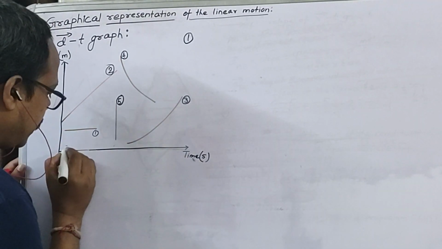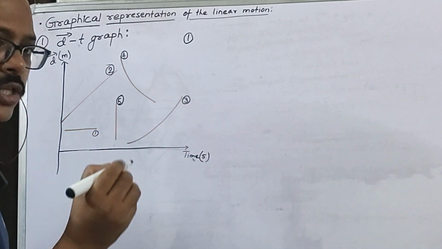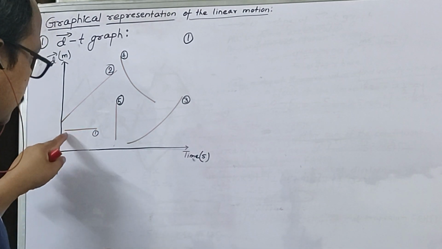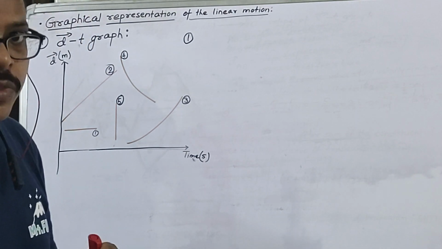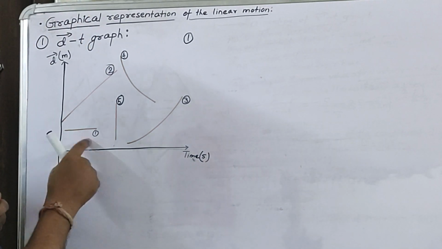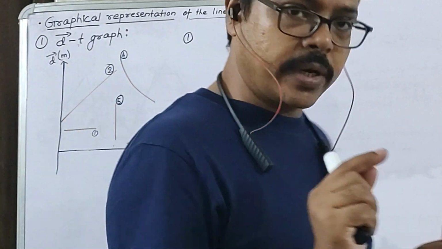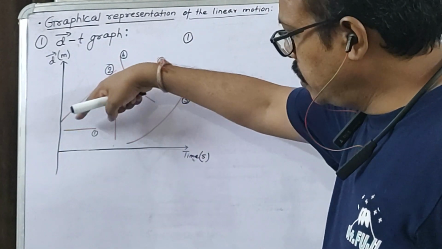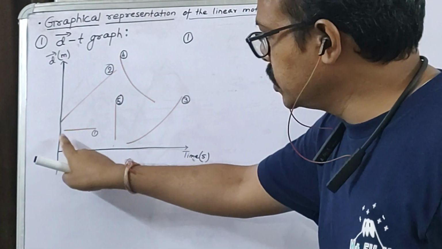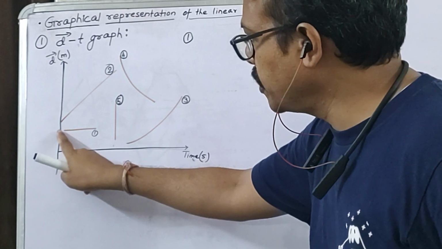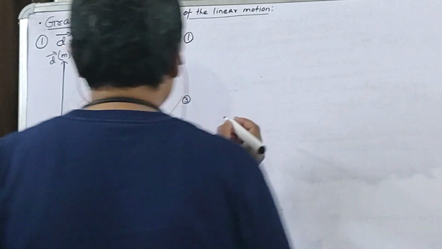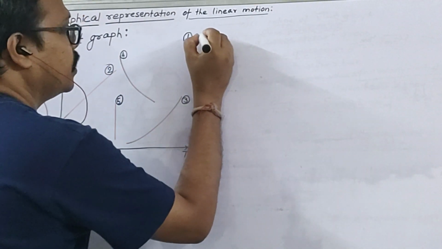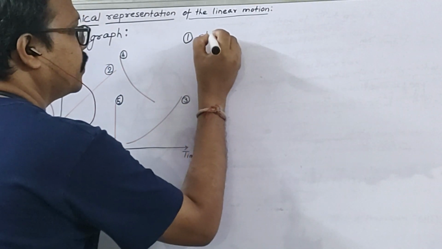Object 1, what can we say about this displacement time graph of object 1? With the passage of time, the displacement of object 1 is not changing. It remains the same. That's why it is just parallel to the time axis. So displacement is not changing, which shows that the body is stationary.